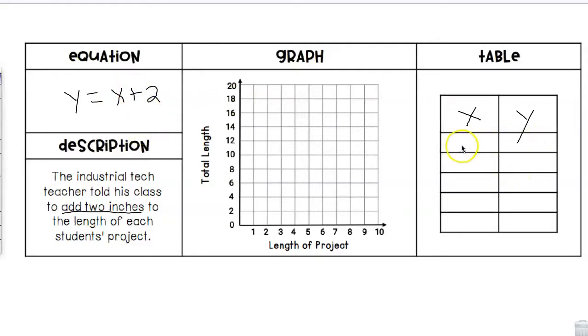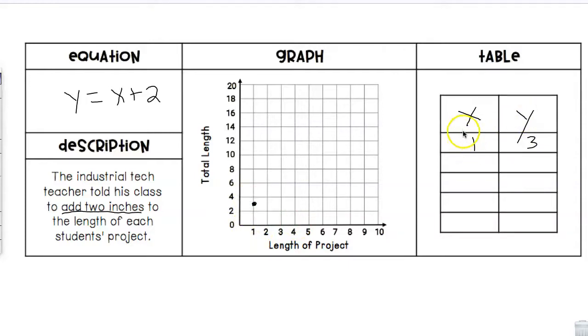So if I start off with a 1-inch project, I put in a 1 right here, put it in my machine. It gets added by 2 and out shoots a 3. So if I wanted to graph that, I would go 1 to 3, something about there.